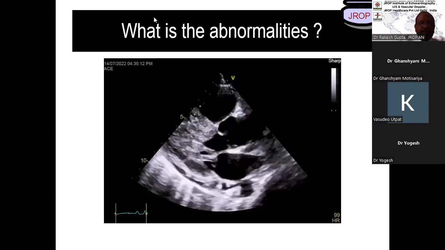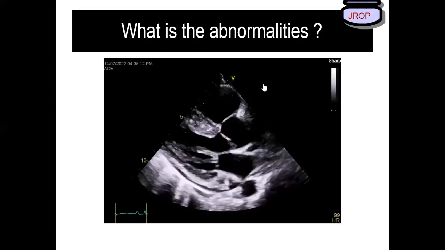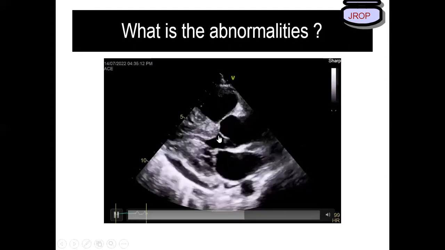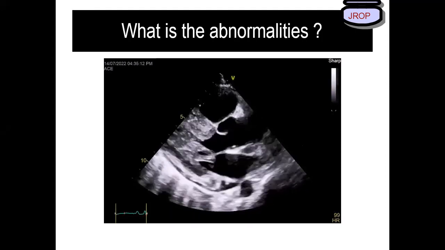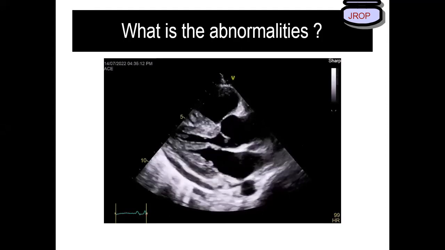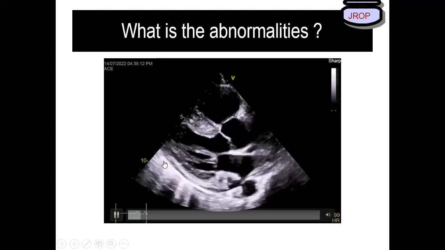And the posterior wall is also looking hypertrophied. Posterior appears to be hypokinetic. Septum is thickened. What else? Some amount of pericardial effusion. Very good. This pericardial effusion is there in this patient, right? And RV also looking dilated. I do agree with you.